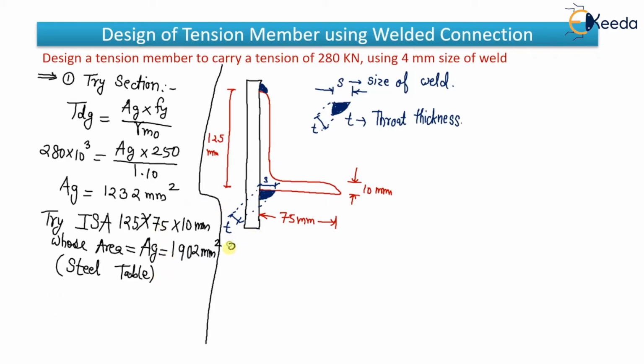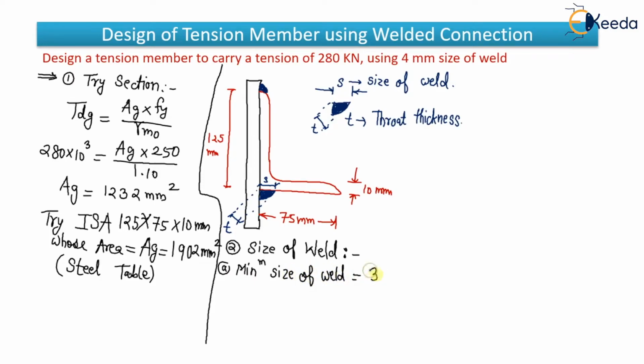See, step number 2, that is size of weld. Now you will think that the size of weld is given in the question, it is 4 mm, but there is one criterion. That criterion says the minimum size of weld should be 3 mm.